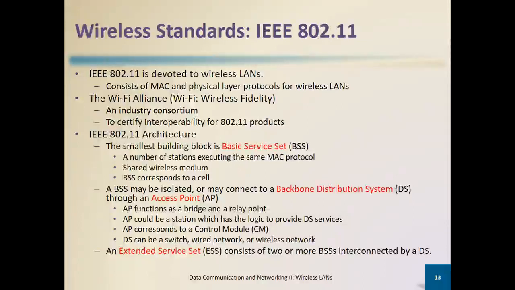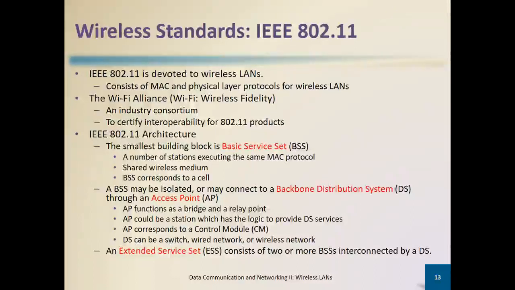And then when it comes to the architecture, the smallest building block happens to be the basic service set. We'll look at that a bit more, but generally, the smallest building block forms the architecture for the IEEE 802.11 standard for Wi-Fi or wireless standards.